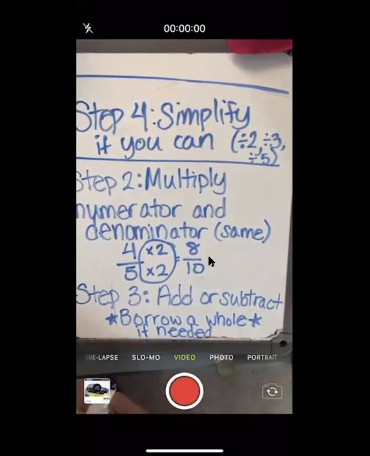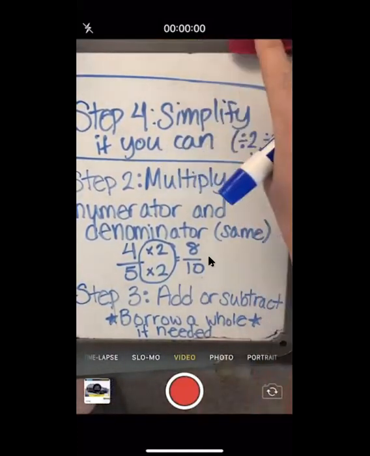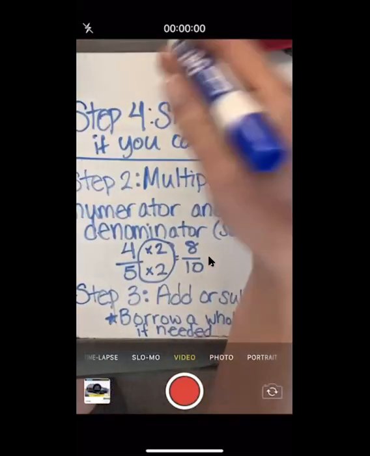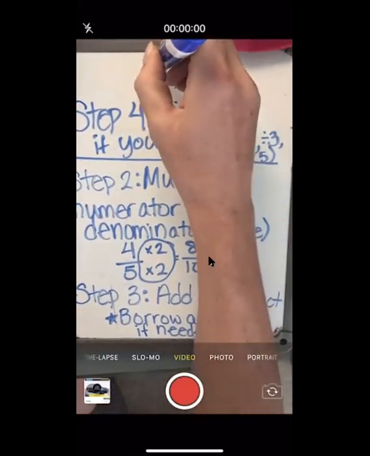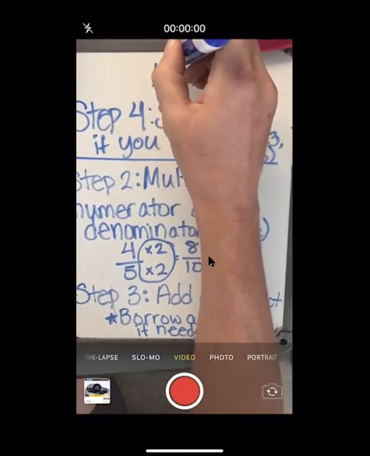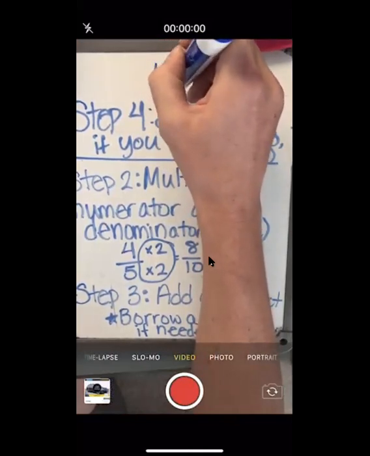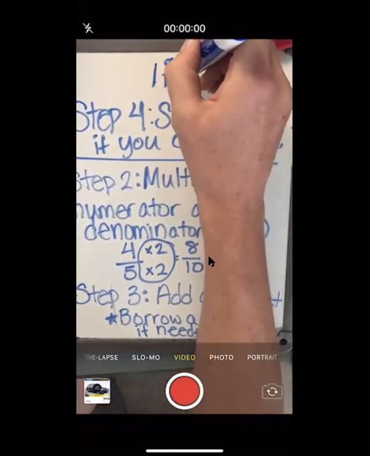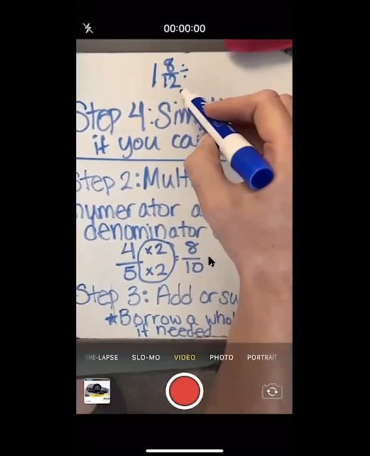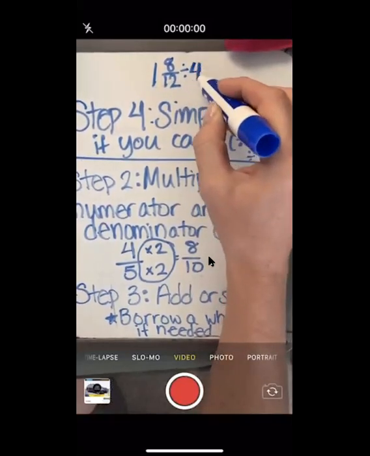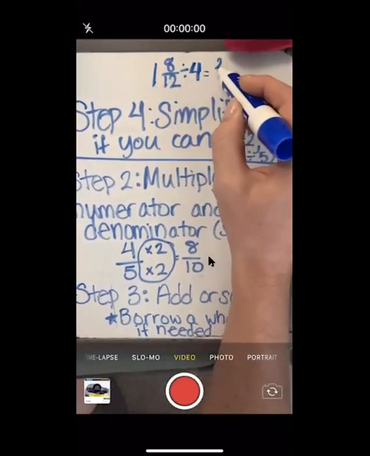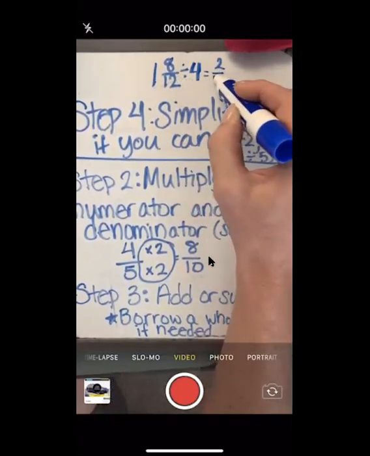So if you want to give yourself an example, next to your step 4, you could write something like, I'm just going to give you an example. 1 and 8/12 is going to be my example. I know that 4 goes into 8. I know that 4 goes into 12. If I divide it all by 4, I get 2 thirds.